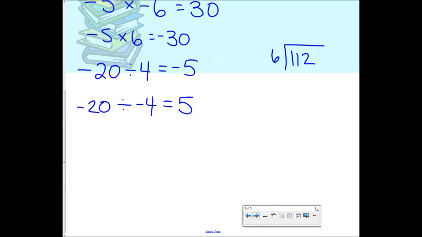How many times? Once. Then what? 6 times 1 is 6, subtract, and I get 5. Bring down the 2. How many times does 6 go into 52? 8 times. What's 8 times 6? 48. What does that give me?